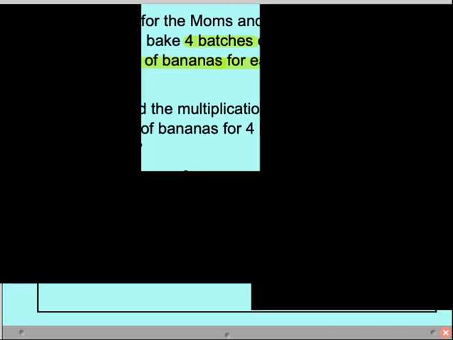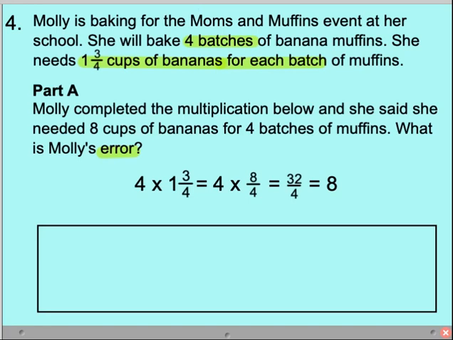I'm wondering if something went wrong here. She did have to do 4 times 1 3/4, but when she turned it into an improper fraction, did she get it right? And it looks like no, because I know 8/4 is actually equal to 2 wholes, not the same as 1 3/4.